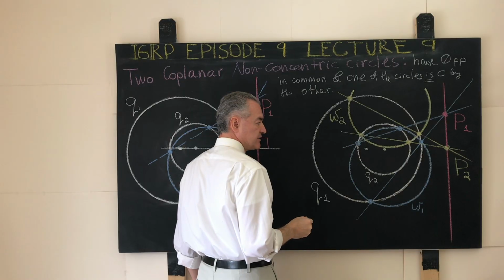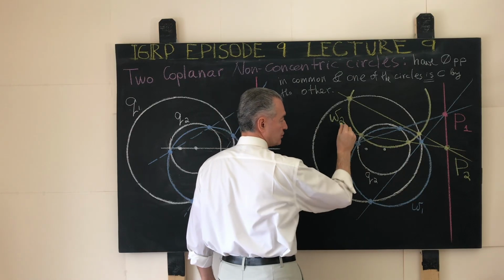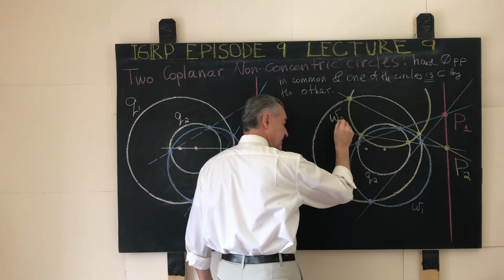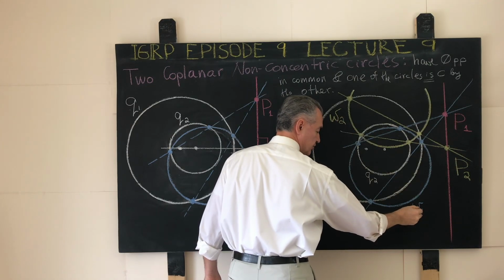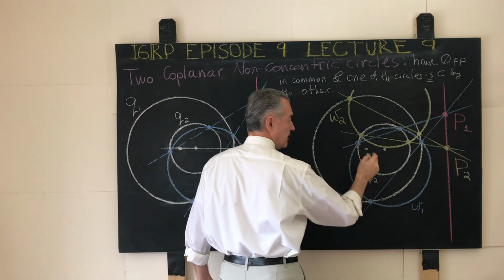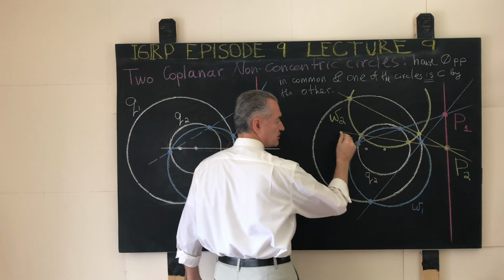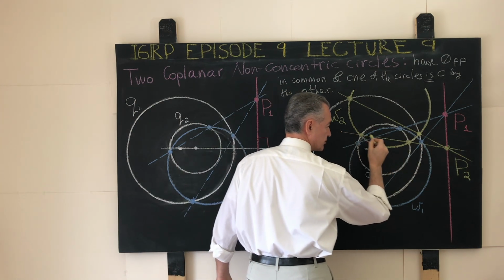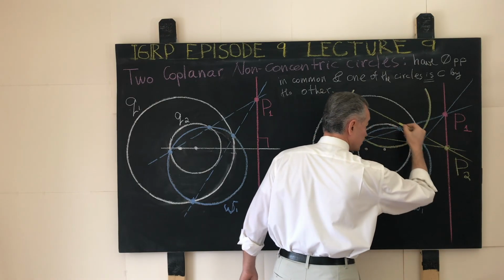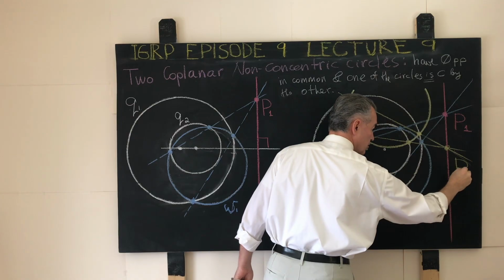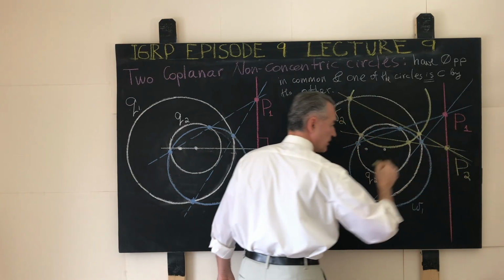The radical axis of the auxiliary helper circle W2, which is distinct from W1, and the circle Q2 is constructed by drawing a straight line through this point where these two circles intersect, and this point. This is this straight line right here. These two straight lines, two radical axes, intersect at the point P2. I showed it in green just to make it easier for you.